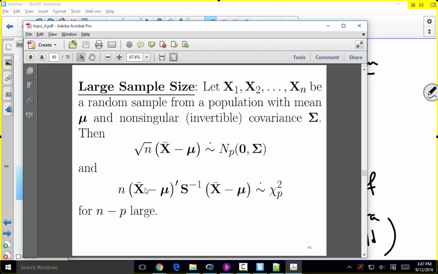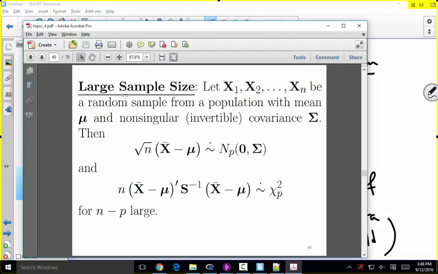One option is that when you have a large sample size, you can often appeal to large sample or asymptotic results, which is what we can do here. If x1 through xn constitute a random sample, so independent and identically distributed, coming from the same distribution, but not necessarily a normal distribution.